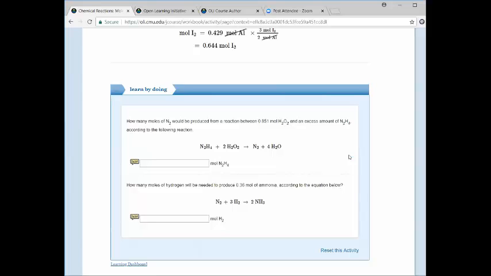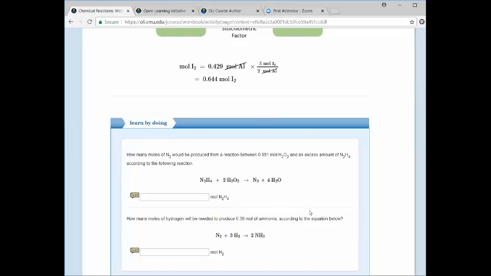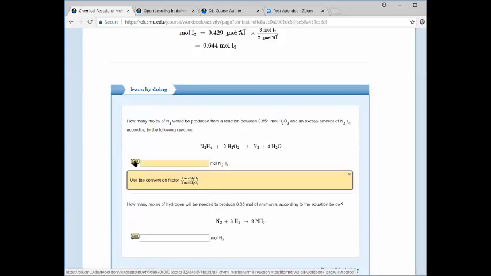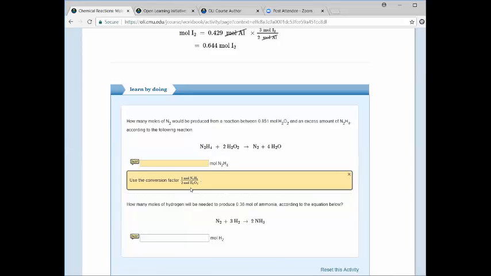Sometimes the scaffolding is relatively simple and straightforward, as is the case here, because this is a relatively simple problem for most students. So the scaffolding comes in the way of a hint. In the hint, they're given the conversion factor to use.